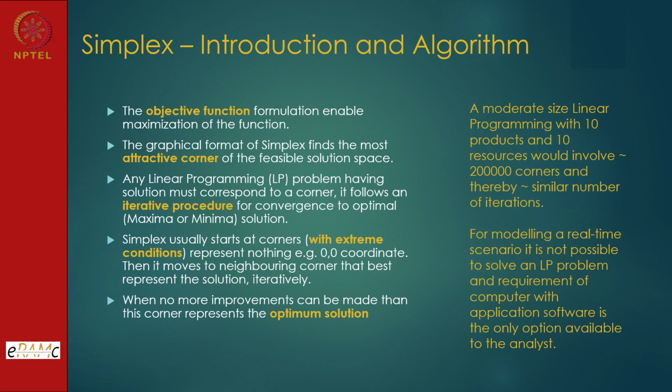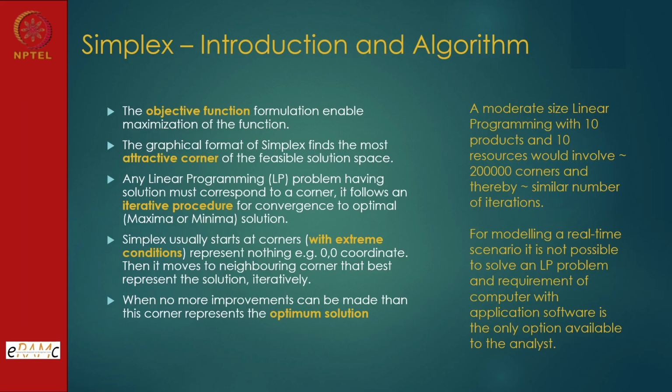If I have a trapezoidal shape, there are 4 corners A, B, C, D, and then Simplex, in an iterative process, identifies the initial corner by some pre-decided conditions or graph coordinates, and then subsequently goes for the next best, and finally comes to the best solution, that is our corner that is available.